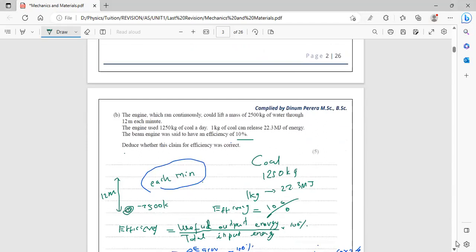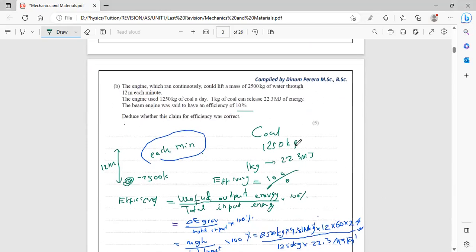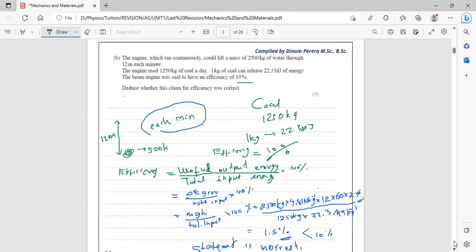Question number 3. So next part of this question, part B. The engine can continuously lift a mass of 2,500 kilograms of water through 12 meters each minute. The water is lifted to a height of 12 meters each minute.